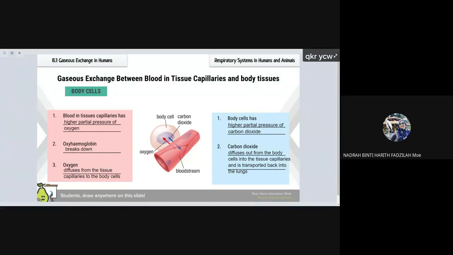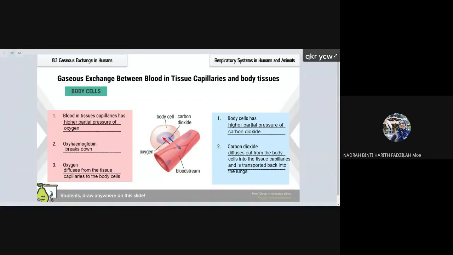Therefore, carbon dioxide diffuses from the body cells into the tissue capillaries to be transported back to the lungs. Thank you Amna Najiha for your submission. I screenshot this answer as a reference sample answer.